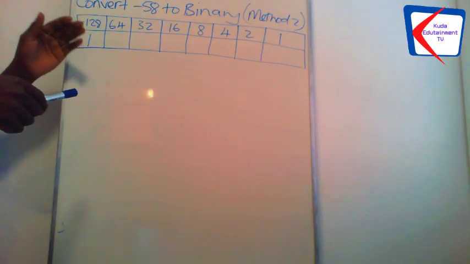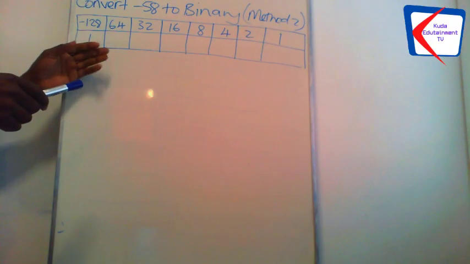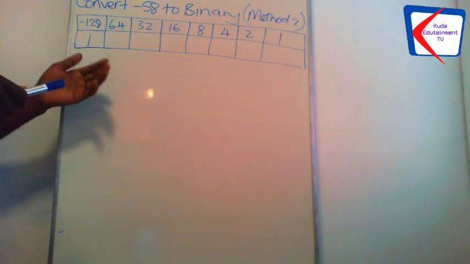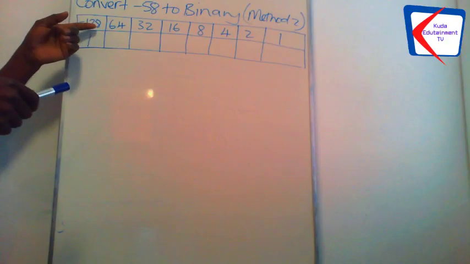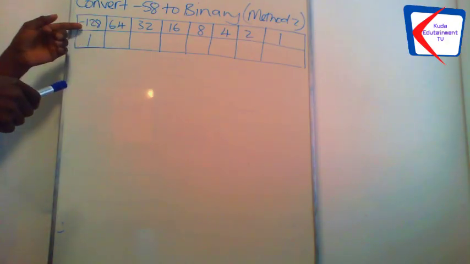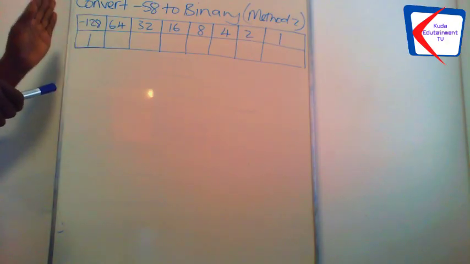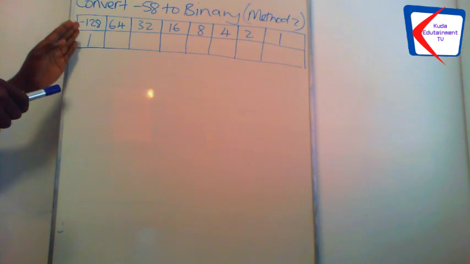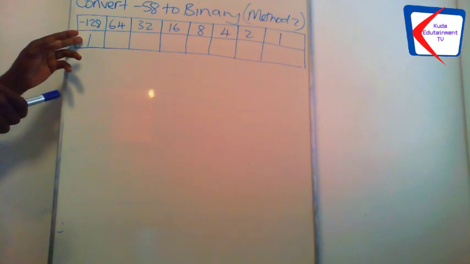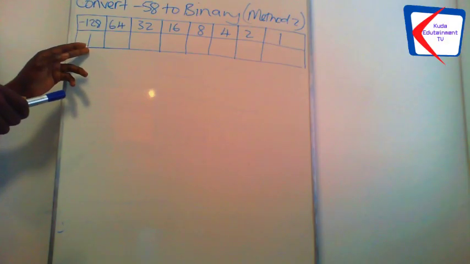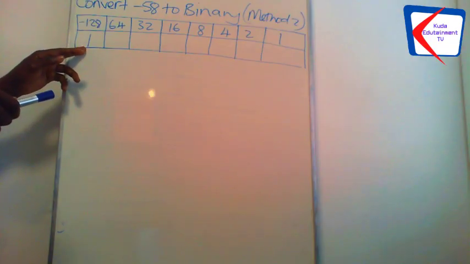In some textbooks, they refer to this method as the 2's complement method. So the binary unit 128 should always be negative, and the bit underneath your negative 128 should always be a 1.